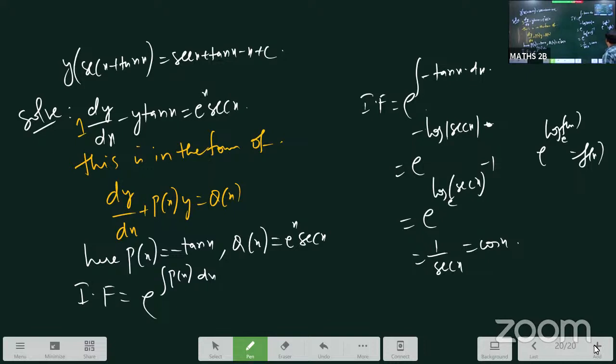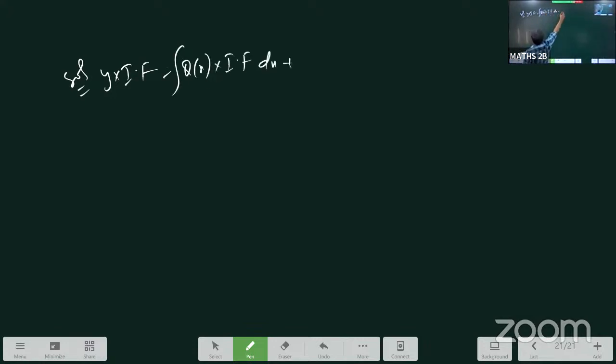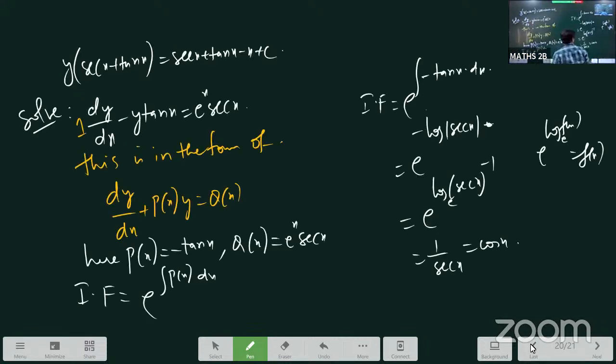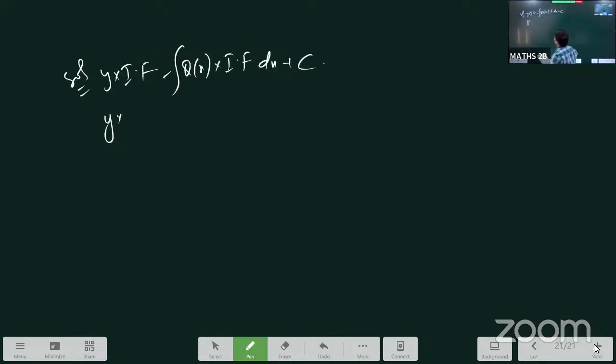Now let us write the solution. Y into integrating factor equals integration of q of x into integrating factor dx. So y into cos x, that is e power x secant x again cos x dx plus c.